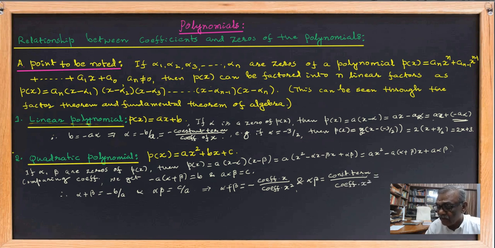This I can write as (-1)^2 into the constant term divided by the coefficient of x^2.